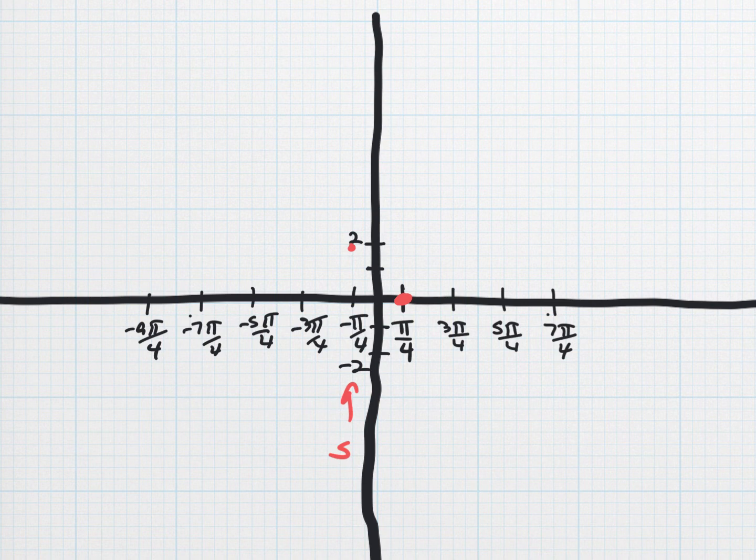Then from there, you'll go down to the negative 2 at 3 pi over 4, bounce back up, and then up one more time. And again, you can add your little wave here, or your curve for the cosine graph. And then let's repeat the cosine pattern on the other side. So then at negative 3 pi over 4, it's 0. At negative 5 pi over 4, it's down to negative 2.